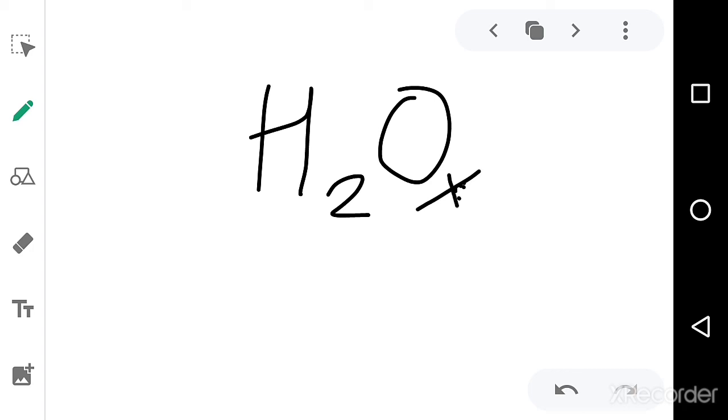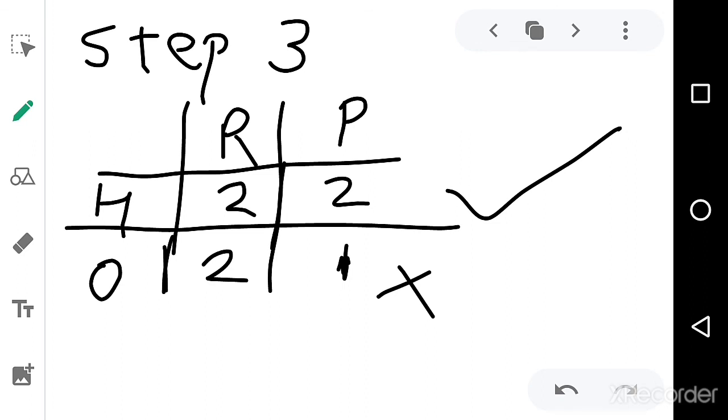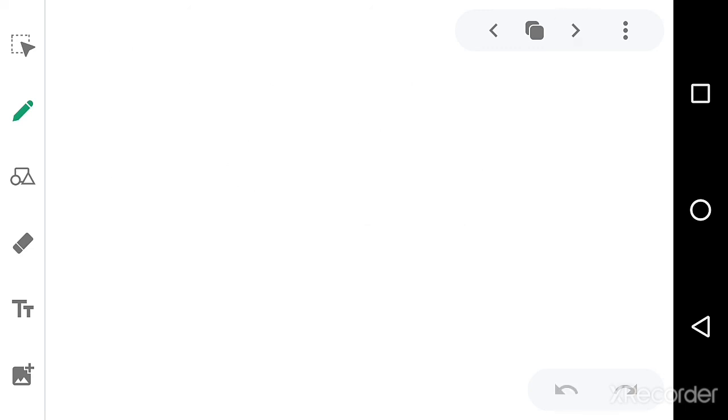We cannot write a number here. We have to write the number in front of that compound. So just check here: oxygen is 2 on the reactant side and 1 on the product side. So we have to add one more oxygen on the product side.